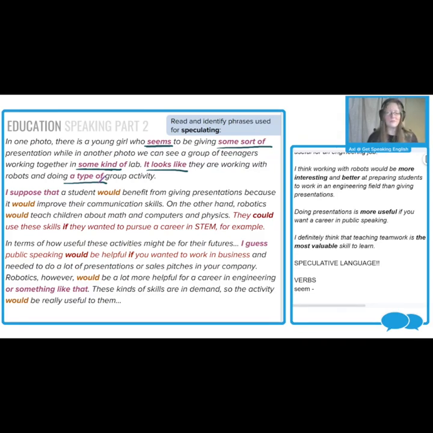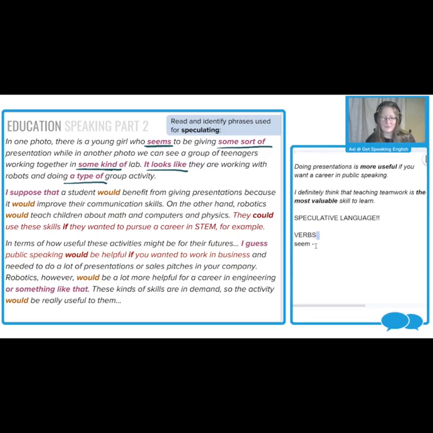All right. So lots of great verbs in here, right? So seems, or it looks like. And we always need to remember that S here. So it looks like. And we notice here too that these are always followed by a new independent clause. We could also say it seems like, for example.